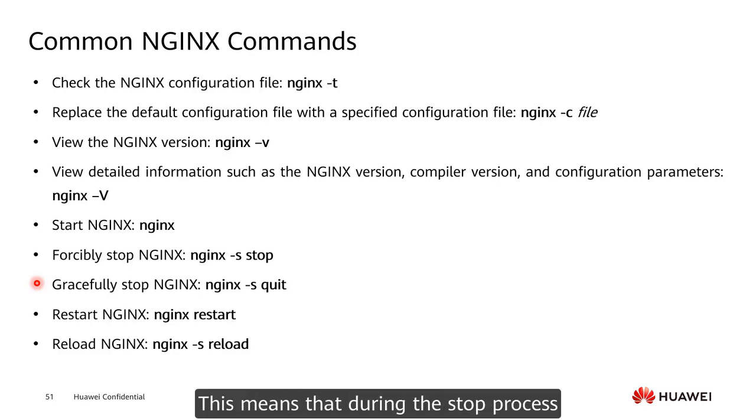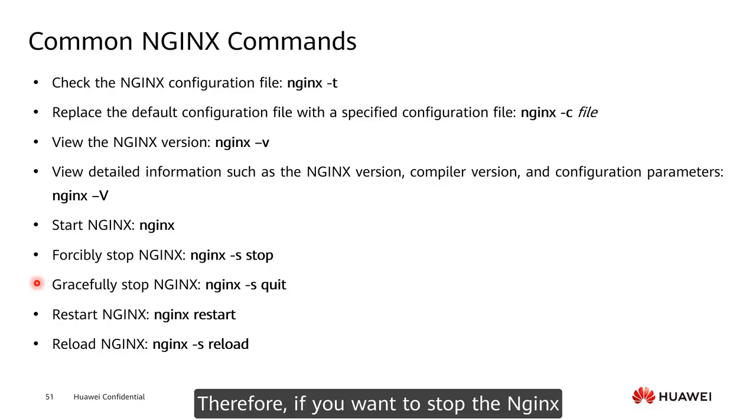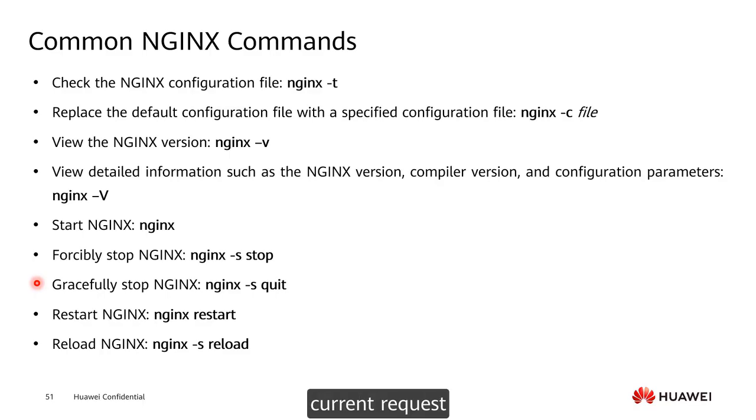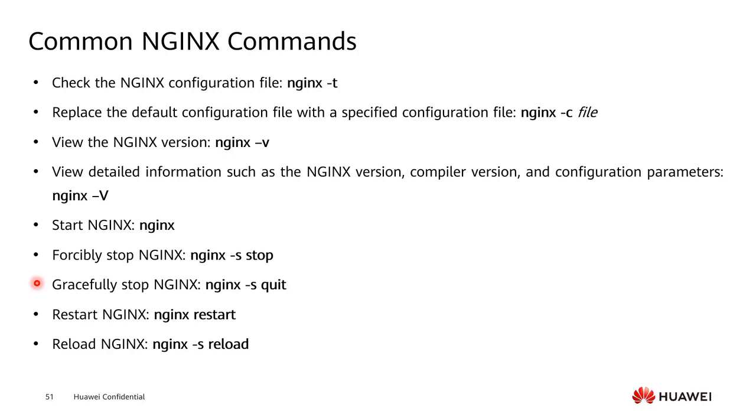During this stop process, new requests will no longer be processed, but the current requests will continue to be completed. Therefore, if you want to stop the Nginx service immediately without considering the current requests, you can forcibly stop the Nginx service. If you want Nginx to complete all current requests before stopping, you can run the graceful stop quit command.